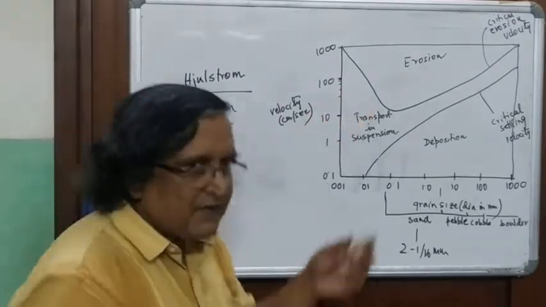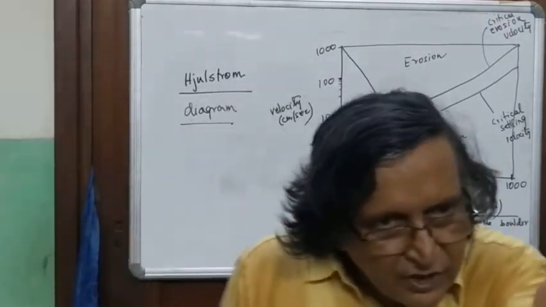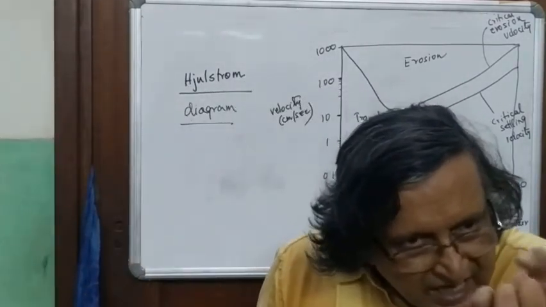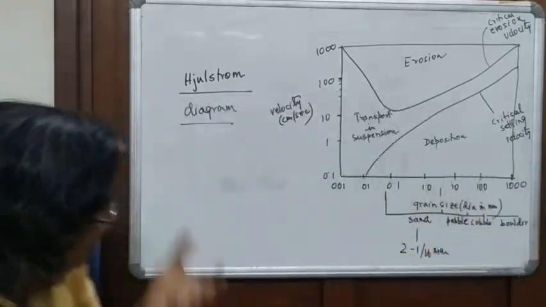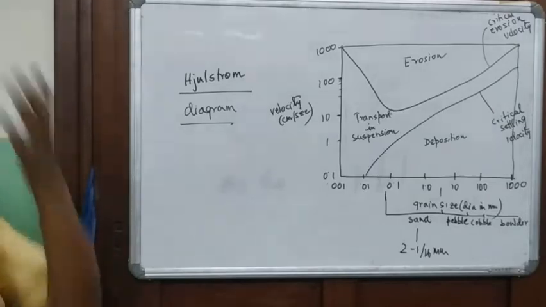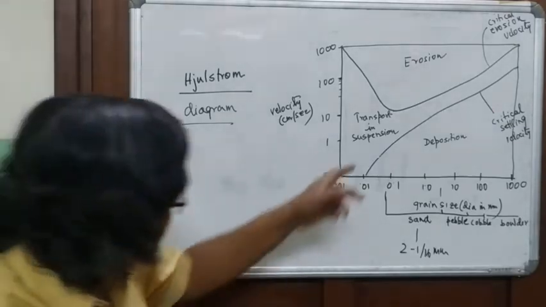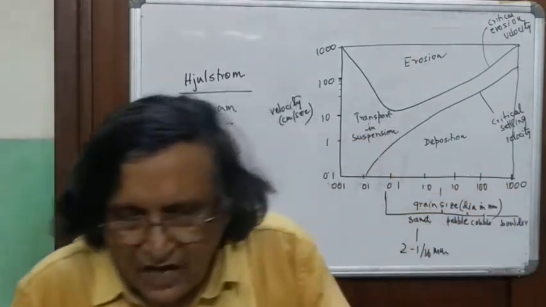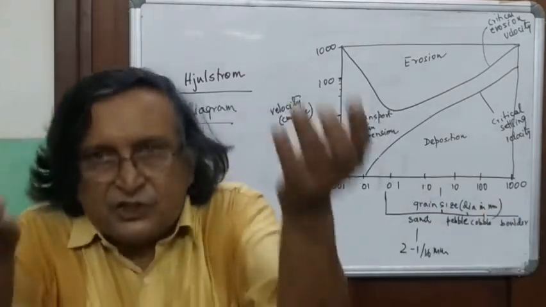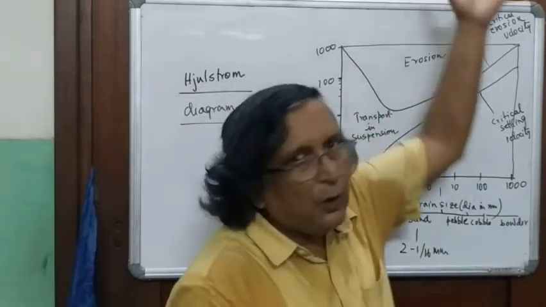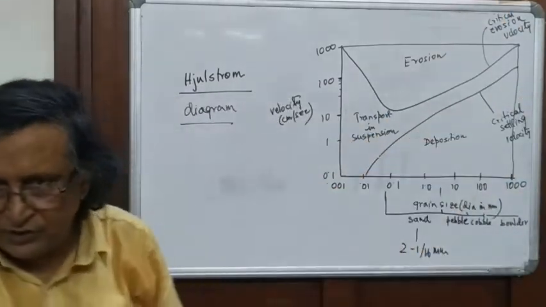This is because the smaller particles tend to remain as aggregates through cohesion and adhesion. Remember? So you require higher and higher velocities to pick them up. Similarly, if the materials are large, especially boulders, you need higher speeds to lift the boulders up, move them and erode them.